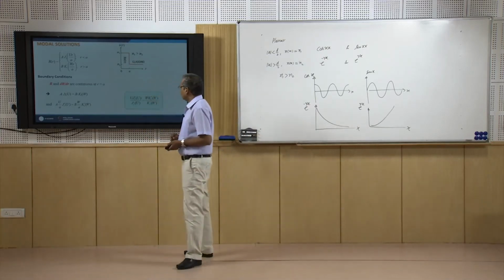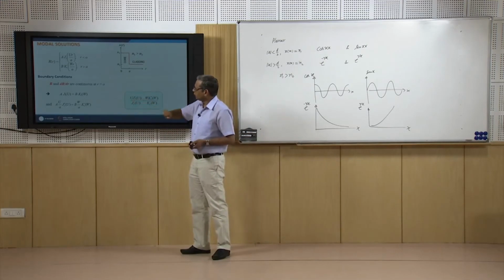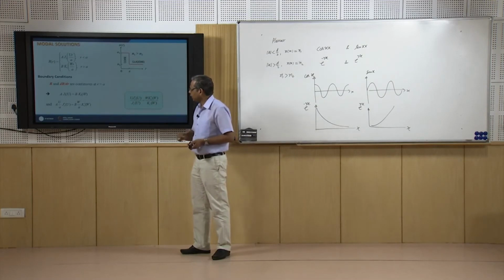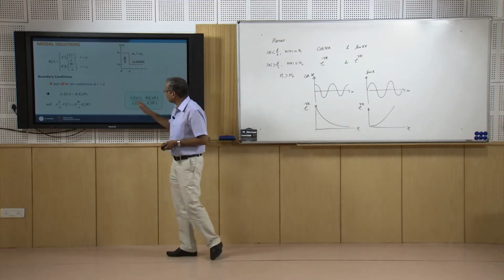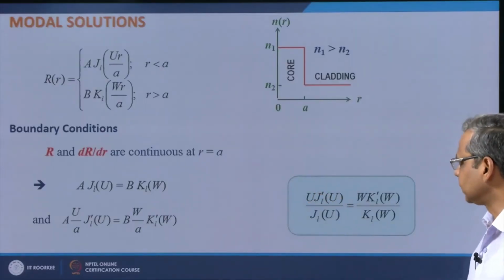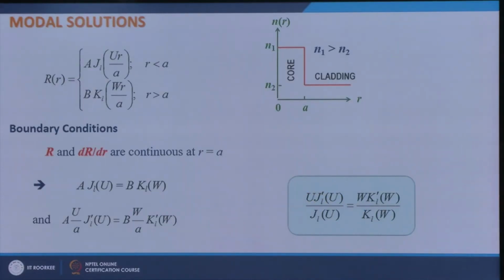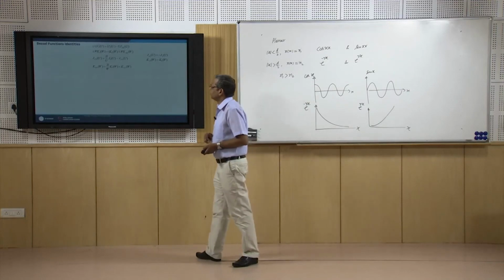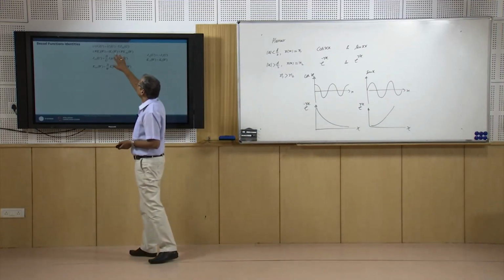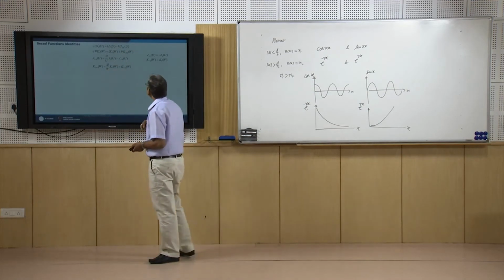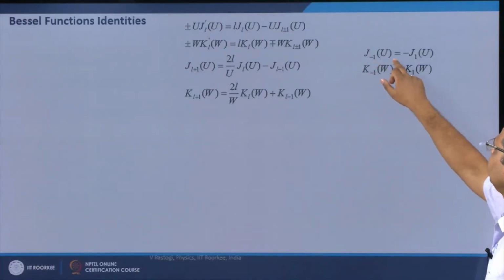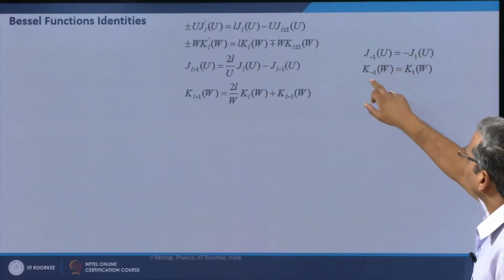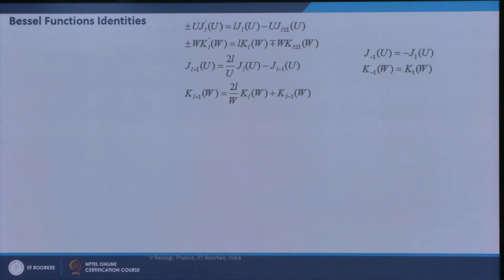By solving this equation I can find the modes of the fiber. But this equation has derivatives of Bessel functions. So either I numerically solve it using the derivatives, or I can represent them in terms of the Bessel functions themselves, the non-primed functions. For that I can make use of identities of Bessel functions. The Bessel functions satisfy these 4 identities, and we also note that J_{-1}(u) is equal to minus J_1(u) and K_{-1}(w) is equal to K_1(w).